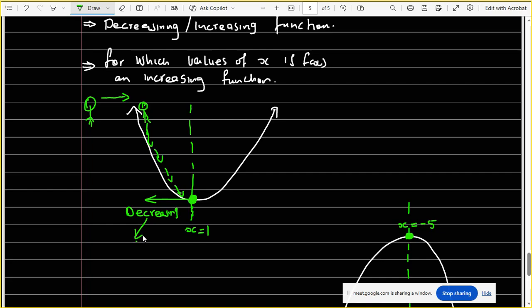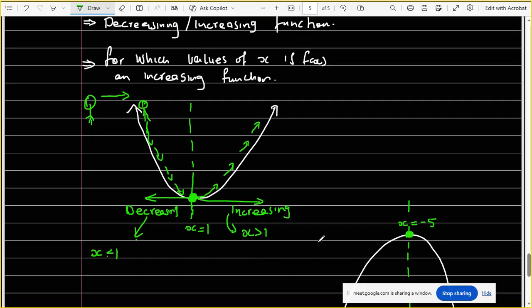So when they say where is the graph decreasing, x must be less than 1. And then from the moment you start going up the slope, you are increasing, meaning from this point going in that direction, the graph is increasing. Wherever you go up the slope, you are increasing, which means that you have a positive gradient. So it's increasing when x is greater than 1.